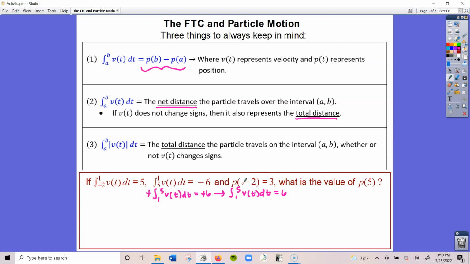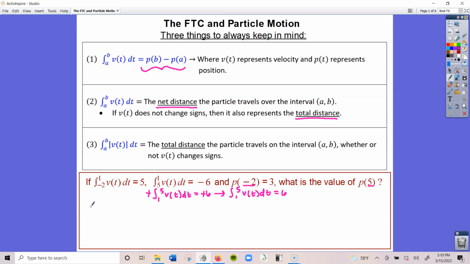Now what we're trying to find here, we have p of -2 is equal to 3, and we're trying to find p of 5. This is something that we've done before, and we know that these values here are going to be my limits of integration, since in order to find the function value for p, I would need to integrate v, which is what I have here.